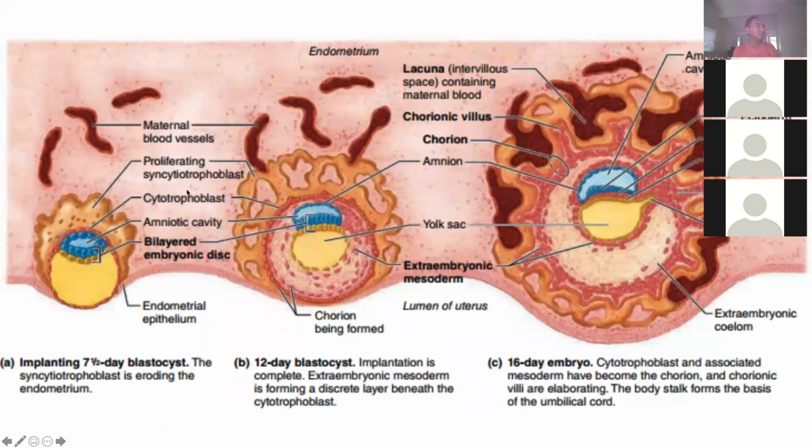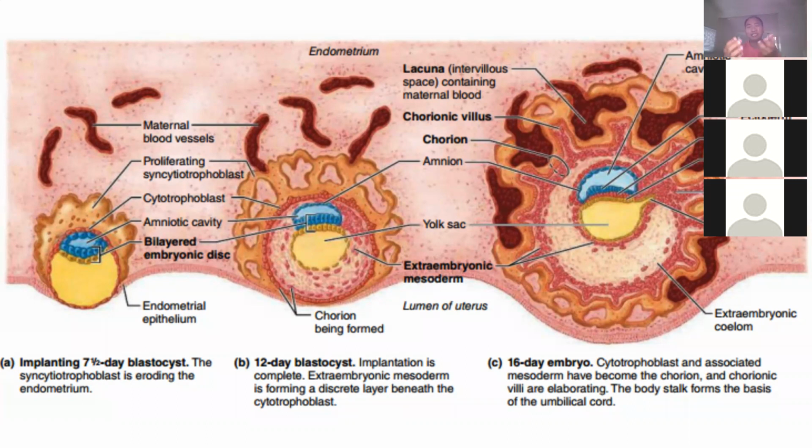This syncytiotrophoblast is proliferating, and as you can see, from here to there, getting bigger and bigger, and it is trying to find nutrition for this little embryo, like with a finger projection, trying to find a way in the uterine endometrium, and finally it goes and attaches to the blood vessels of the maternal endometrium. Now this little embryo is going to get blood from the mother. Hey, now success, I have enough nutrition.